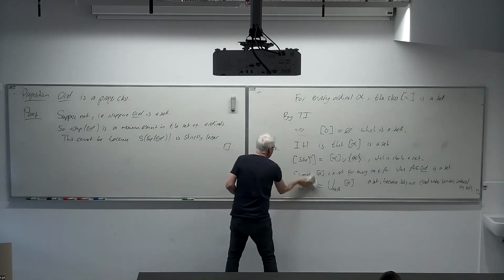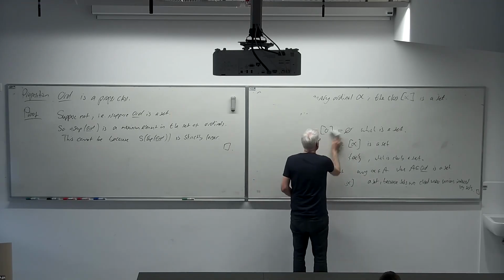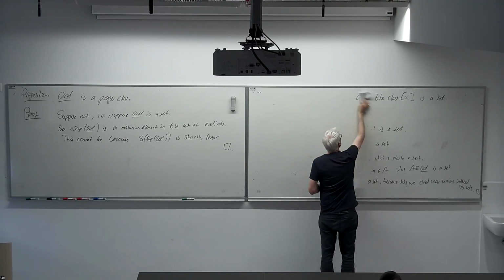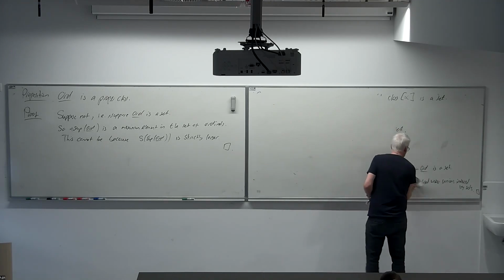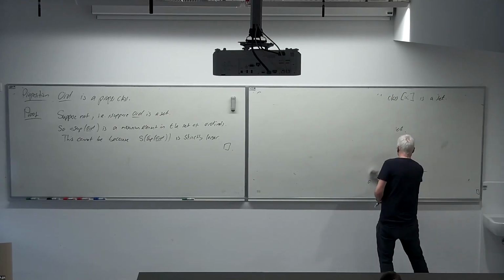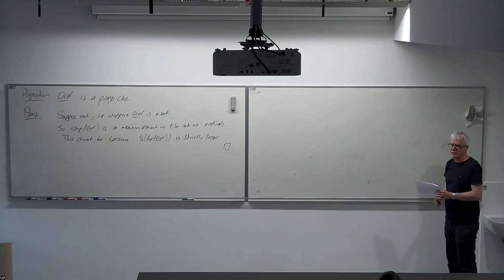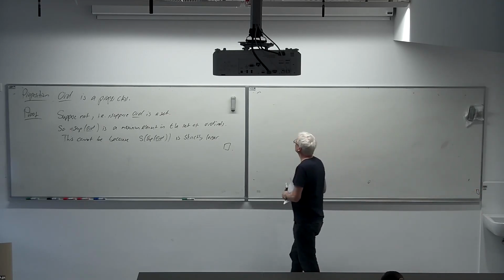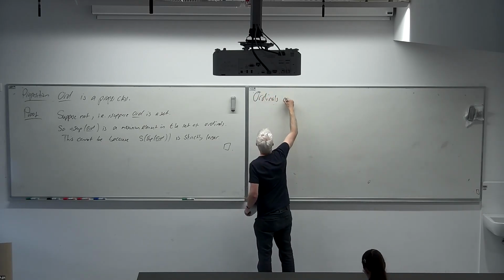So basically, we can split the ordinals into two kinds of objects.